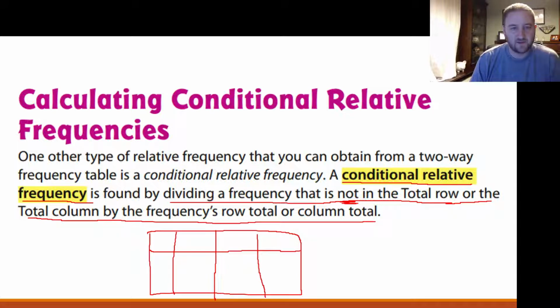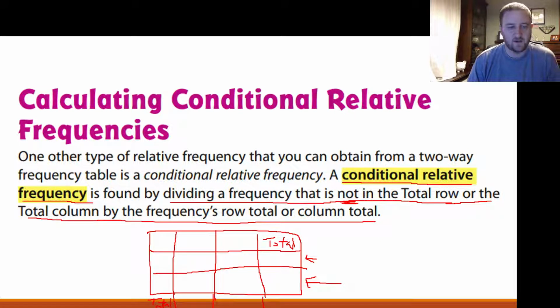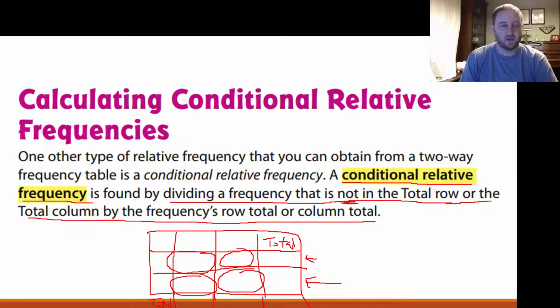And like this. This is going to be the total, and then we'll say this is the total down here as well, right? These are the row totals. These would be the column totals. So basically what it's saying is that you take a frequency that's not in the total row or total column, so it would be one of these frequencies, and you divide it by either the total row or the total column, depending on what you're trying to find.